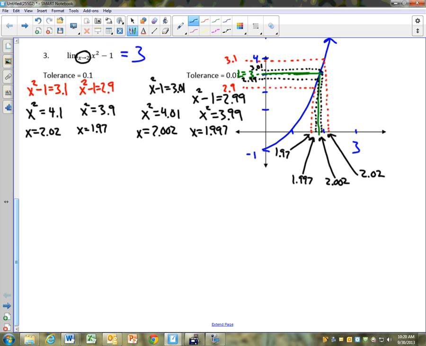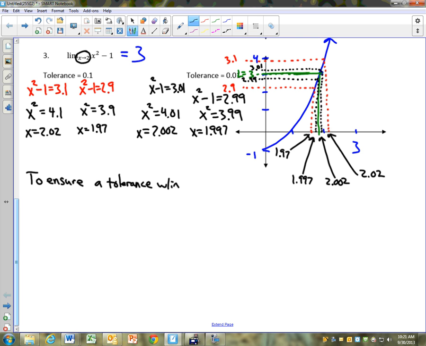So now I'm going to make my statement. To ensure a tolerance within, and we're going to choose a smaller one. We're just going to make one statement using a smaller one.